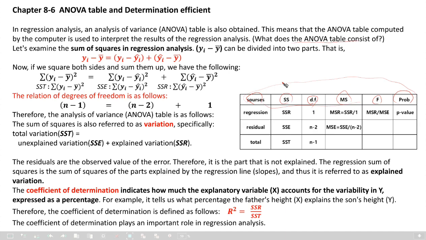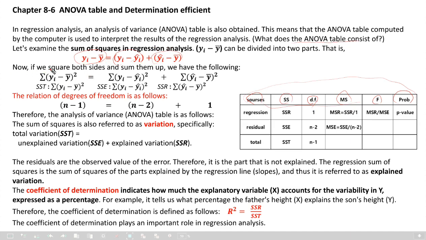Let's examine how to get the sum of squares in regression analysis. Let's see yi minus y bar. It can be divided into two parts: yi minus y bar is yi minus yi hat plus yi hat minus y bar. The two parts cancel out, so equality holds.